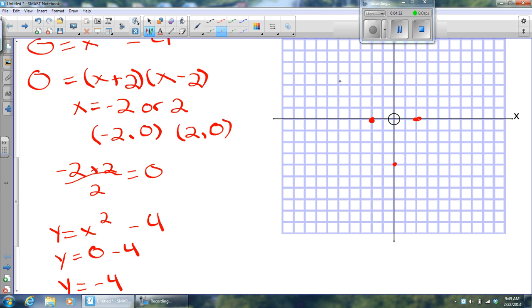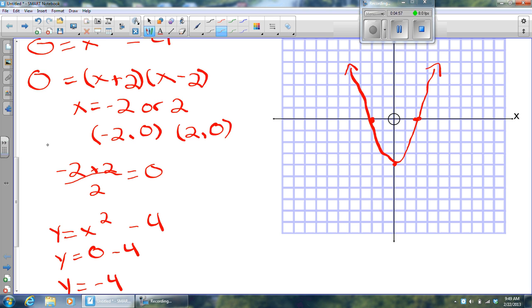So when we graph this, it's going to look something like this. And that's it. So we have our two roots and our vertex, and then we connect the points.